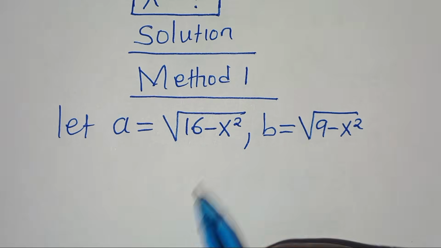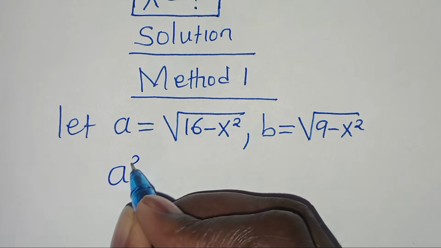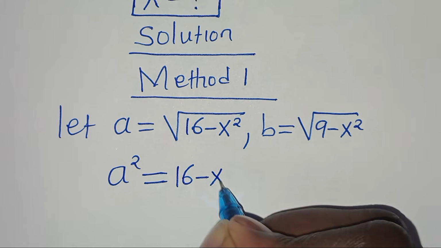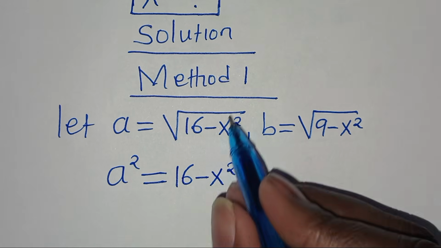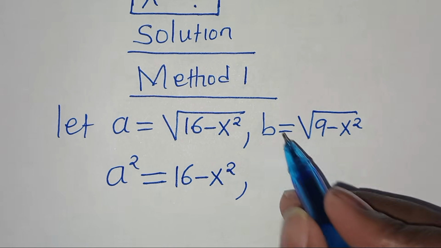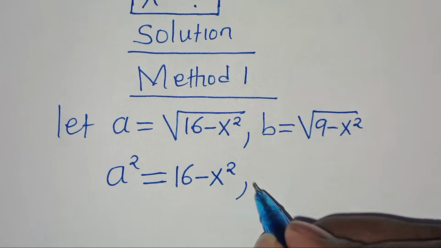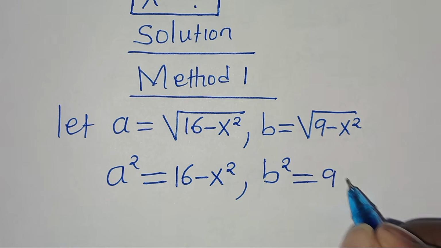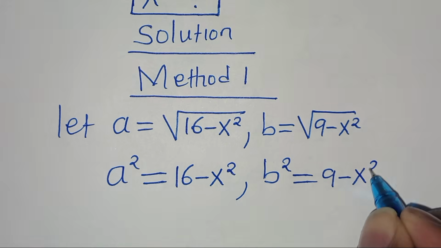This implies that a squared is the same thing as 16 minus x squared, so we square on both sides. The same case here: if we square on both sides, b squared is equal to 9 minus x squared.